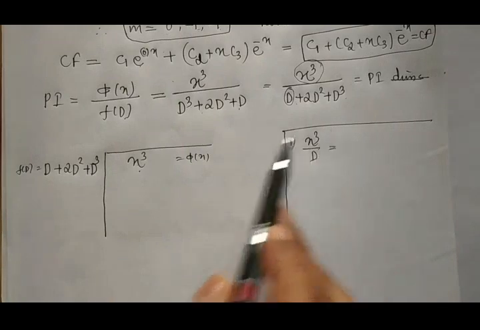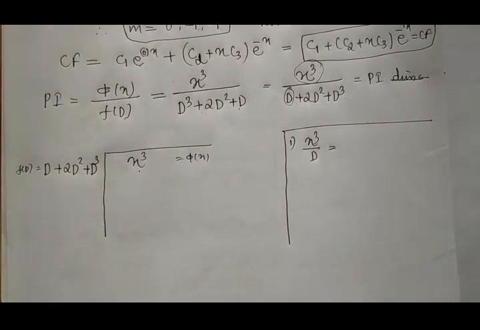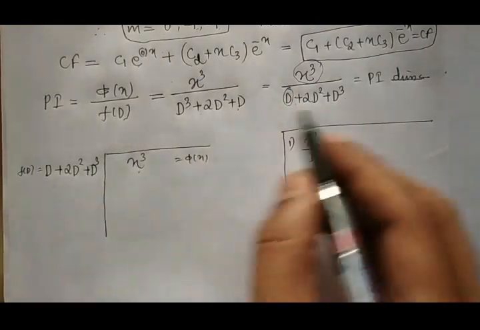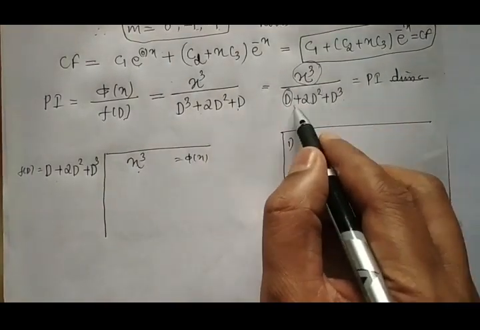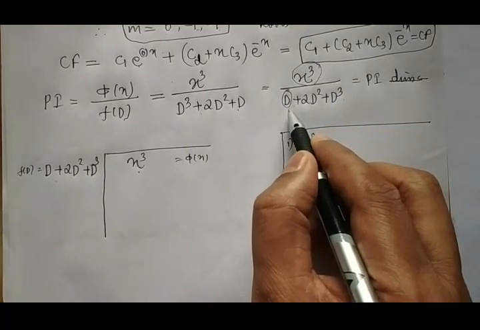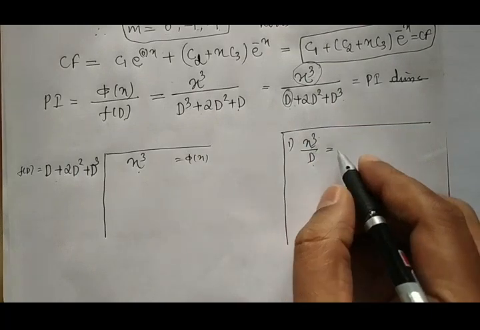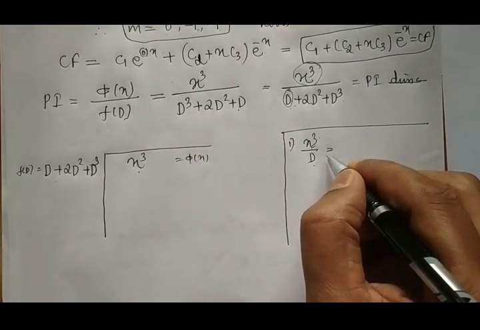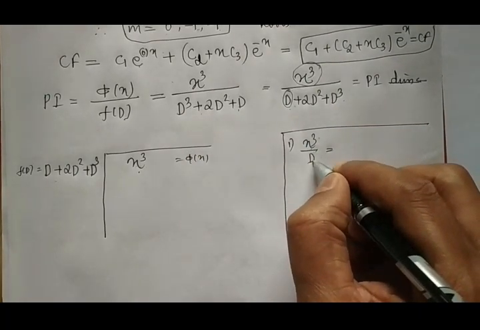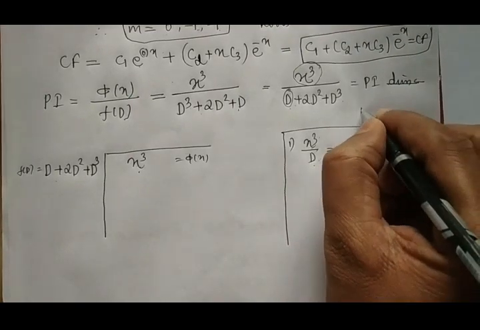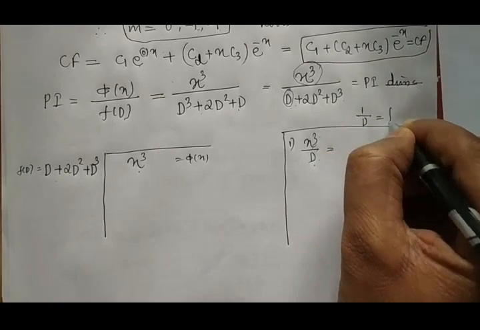We cannot avoid this D. D is nothing but a differential operator here. So that cannot be avoided. So when we take first term of the numerator divided by first term of the denominator, we have written like this, x cube by D. This D cannot be calculated directly because D is a differential operator, and what is 1 by D? 1 by D is nothing but integration.